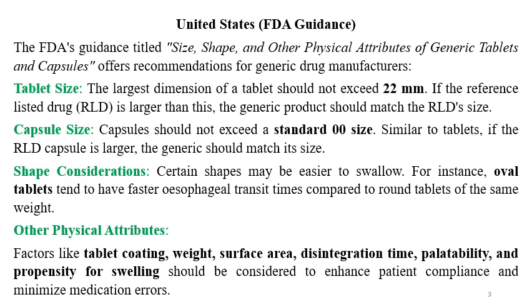Shape considerations: certain shapes may be easier to swallow. For instance, oval tablets tend to have faster esophageal transit time compared to round tablets of the same weight. Tablets might also be coated for easy swallowing, and factors like coating, weight, surface area, DT time, palatability, and propensity of swallowing should be considered to enhance patient compliance and minimize medication error.